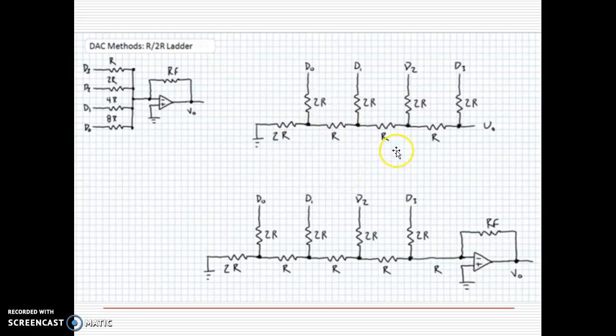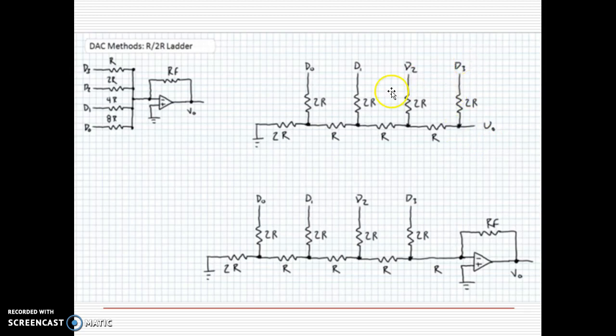When the D0 bit is 1, the current needs to go through all these resistors, and it becomes very low.